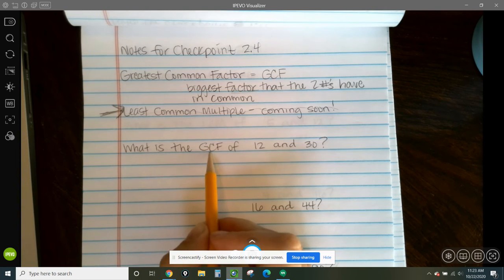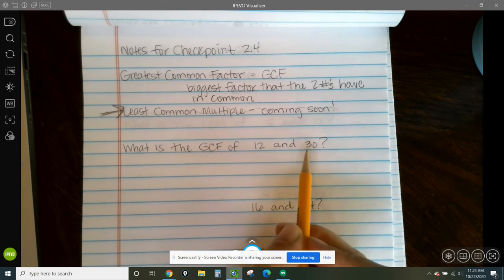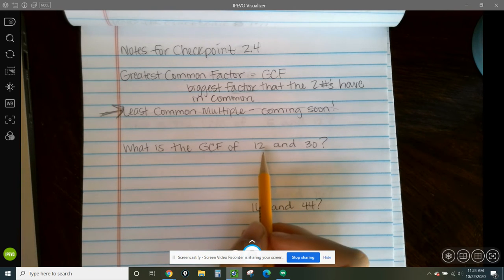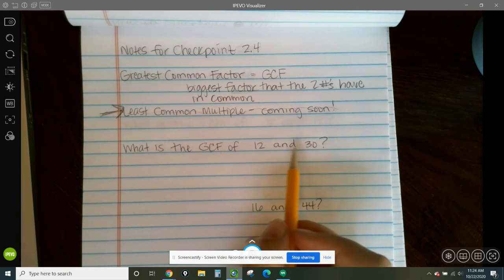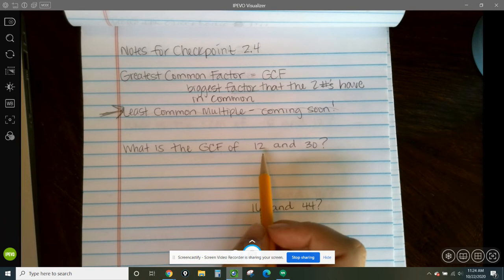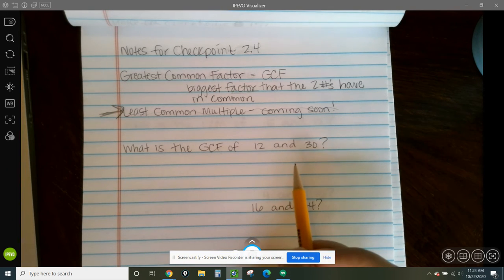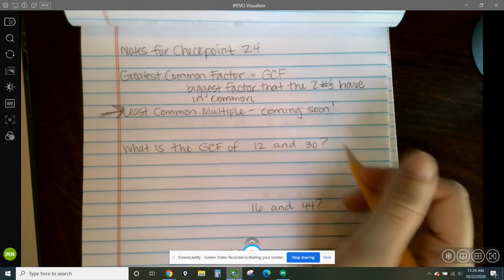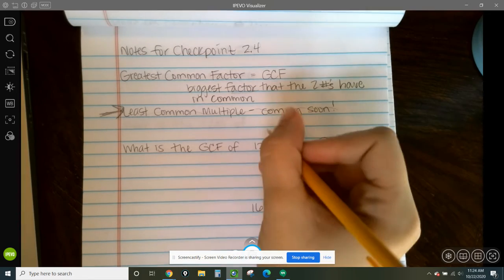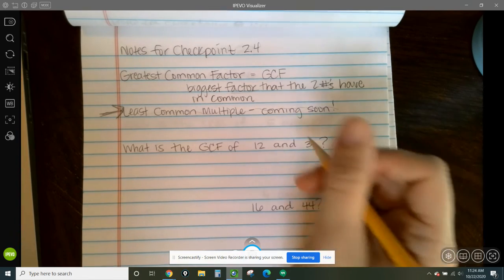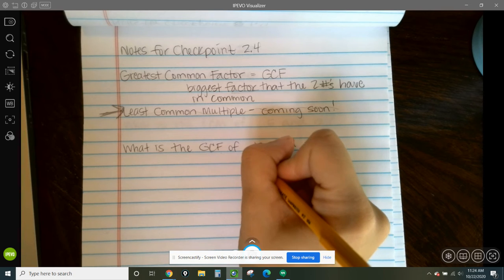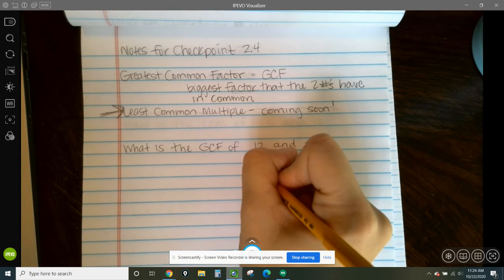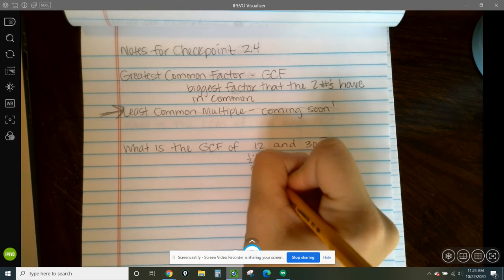So what is the greatest common factor of 12 and 30? What's the biggest factor they have in common? So first we need to know what are their factors, right? What numbers make these up? There's lots of ways that you can do this. You can make a factor tree, or you can just list some factors. I'm going to do it both ways for you. Looking at 12, I know 12 is 1 times 12, or 2 times 6, or 3 times 4.